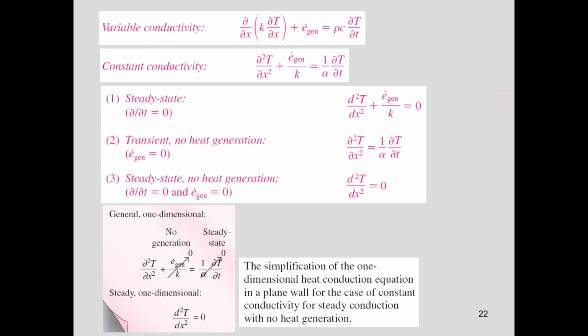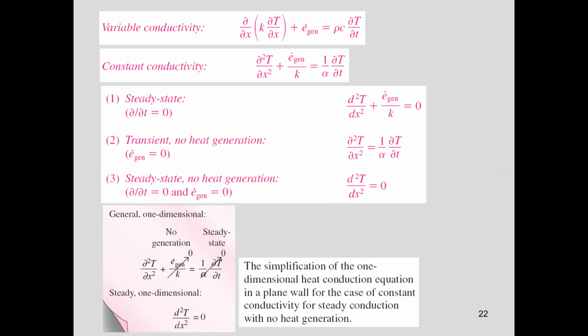So that basically leads us to some differential equations with variable conductivity and constant conductivity. In case of steady state, that equation actually comes down to a much simpler option.